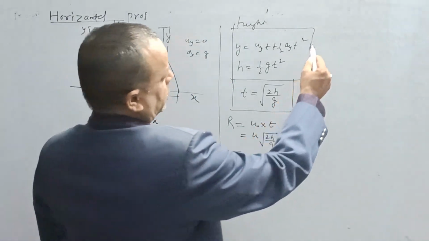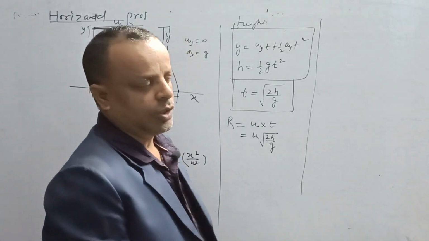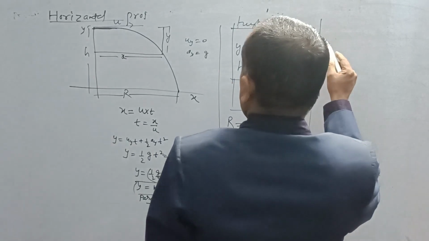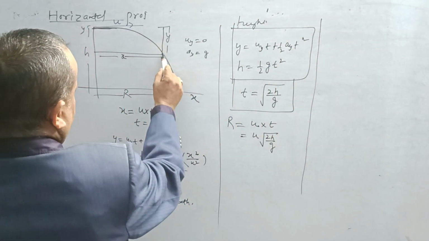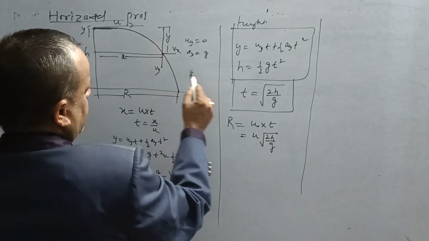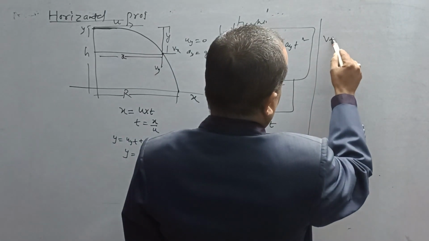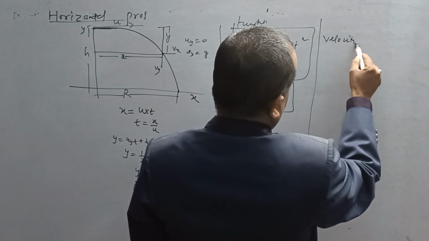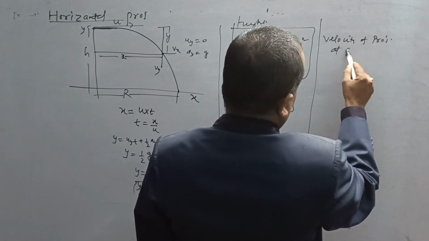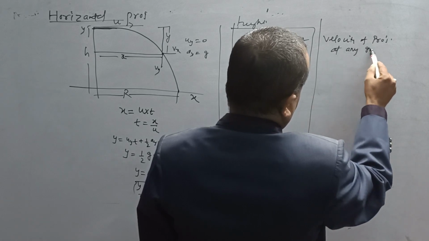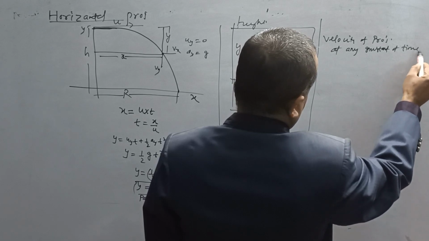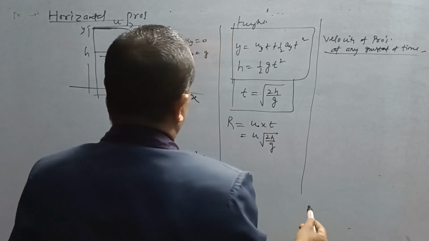Now we calculate the velocity of the projectile at any instant of time. Let us suppose this is v_x, this is v_y.